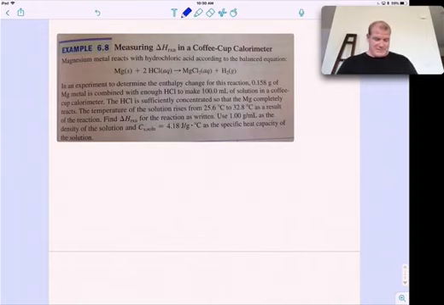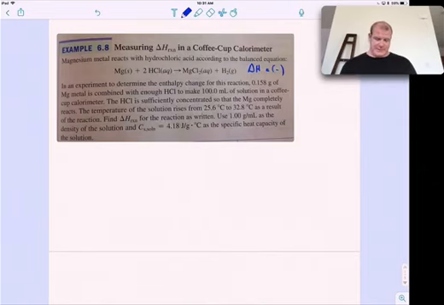The temperature of the solution rises from 25.6 to 32.8, and then what is the delta H? Use 1 for the density of the solution and the heat capacity for water. Okay, so the temperature is going up, so that means our delta H is negative for this reaction.